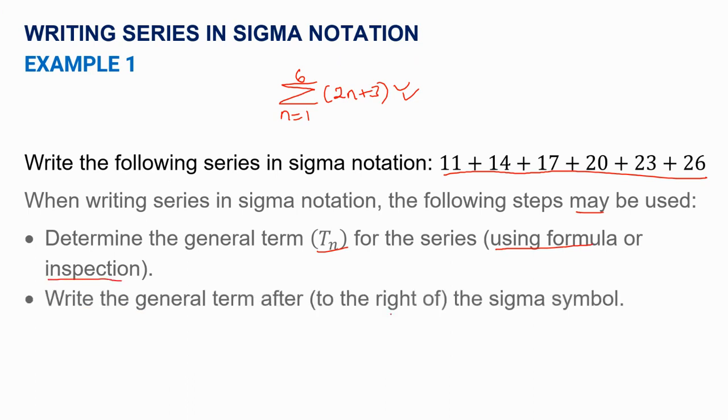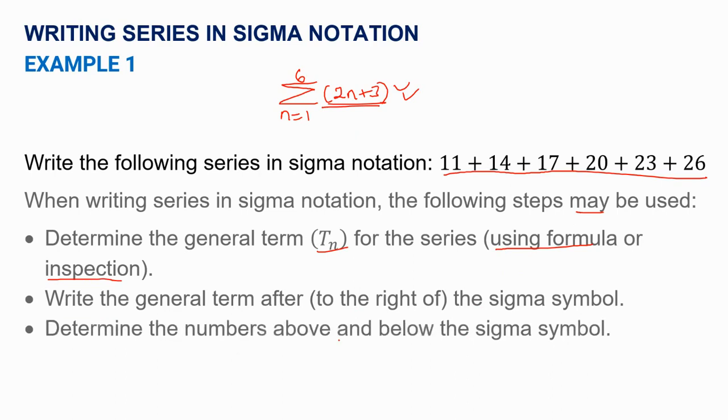And then write the general term to the right of the sigma symbol. And then find the numbers above and below the sigma symbol, meaning find this number and also find this number.